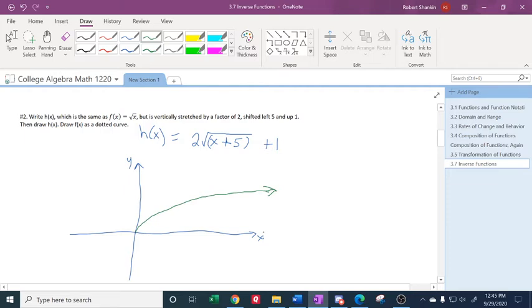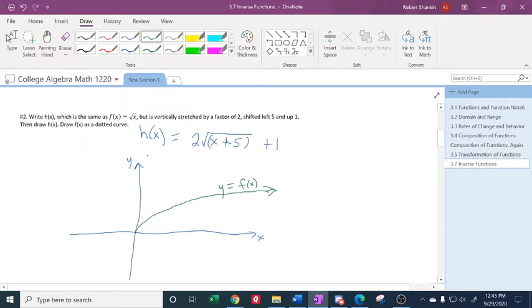When you're out to 9, you're not up to 9. When you're out to 9, you're only up to 3. When you're out to 25, you only go up to 5. Out to 100, you only go up to 10. So it rises kind of slowly over here. All right, so this is f of x. And sometimes we call it y equals whatever the f of x line.